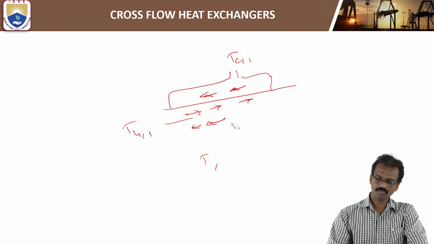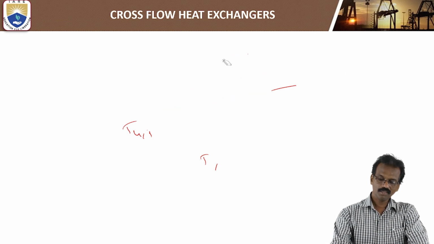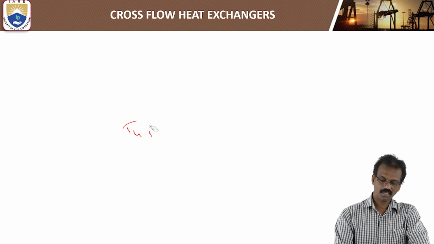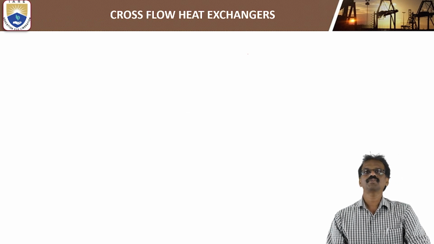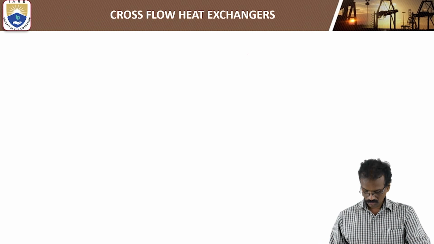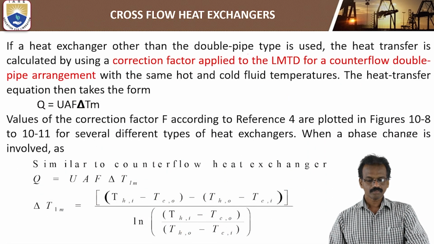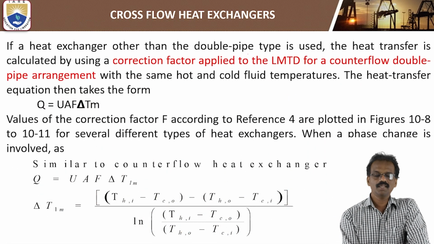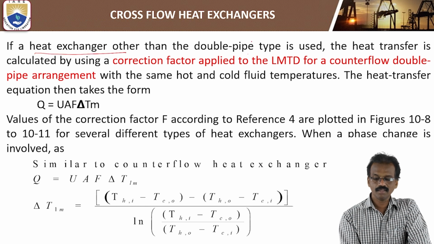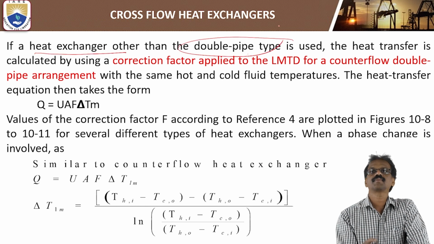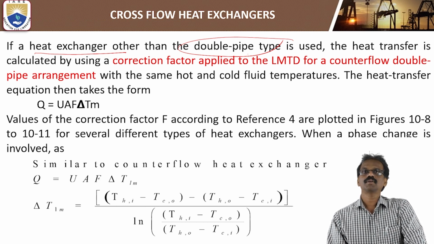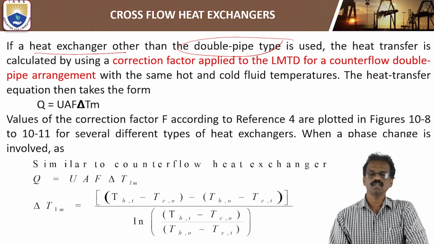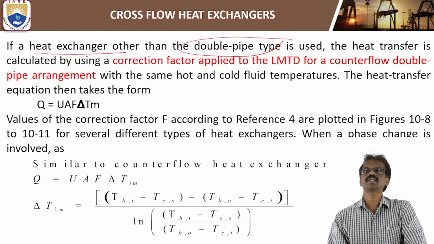Other than double pipe heat exchangers, such as shell and tube type heat exchangers, we prefer the cross flow heat exchanger. If it is double pipe type, we prefer parallel flow or counter flow; other than double pipe heat exchangers, we prefer the cross flow heat exchanger.